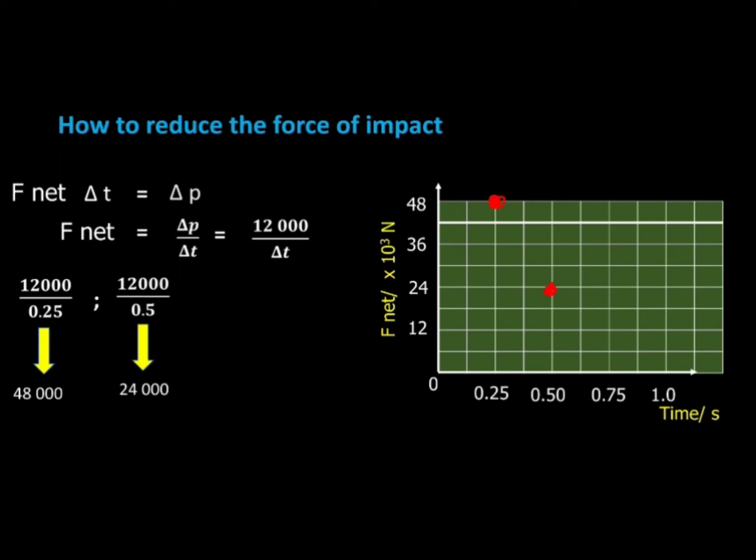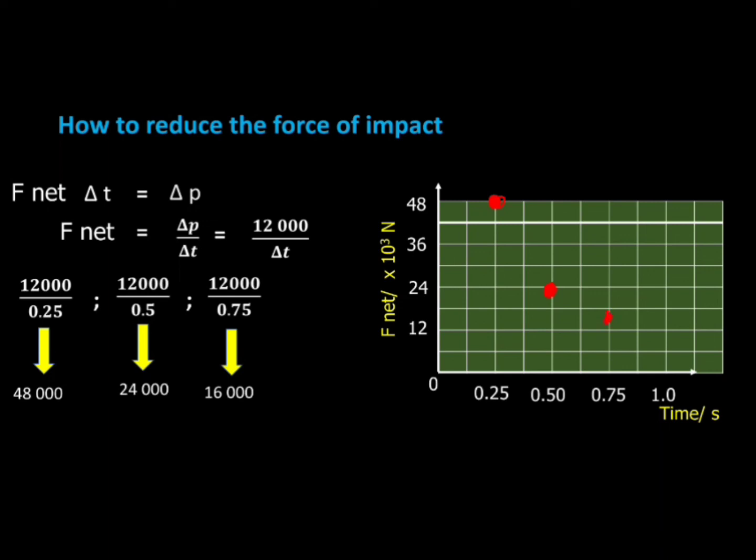If the collision time is now 0.75 seconds, what is the force of impact going to be? It's now dropped further to 16,000 newtons. So 0.75 and 16,000, it's going to be somewhere there.